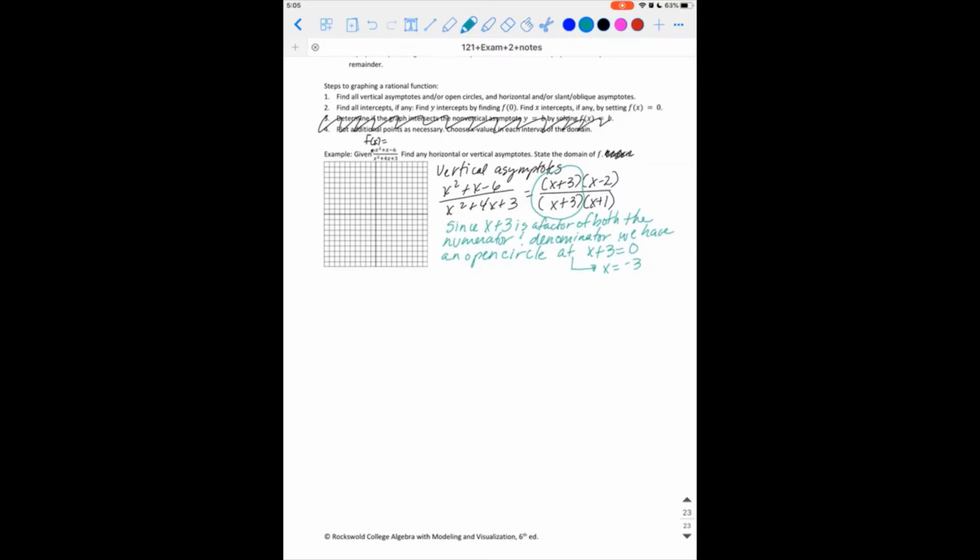I'm going to add something else to find the y value of the open circle. Simplifying the expression and substitute x equal to -3.